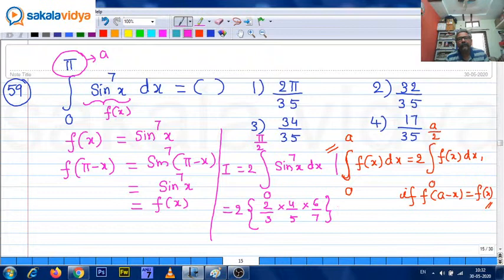And multiply by 1 whenever the power is odd. Even power means you multiply with pi/2. See what happens: 3 1s are 3, 3 2s are 6. Over. Now this equals 2 × (2·4·6)/(3·5·7) = 2 × 48/105, giving 32/35. So the second option is the right option.